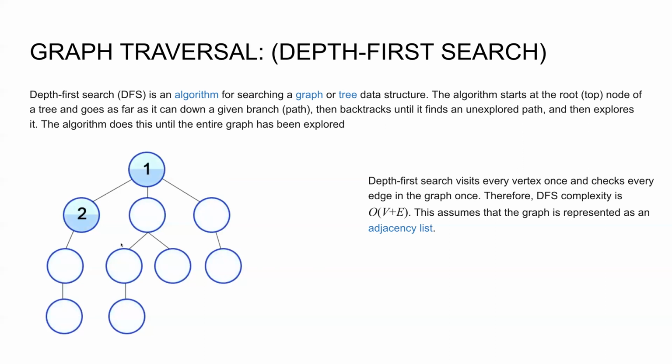BFS is often used in maps to find the shortest distance, and DFS, depth first, is often used to find a route through a maze. And of course, the complexity is the same as BFS. And also this graph is represented as an adjacency list.